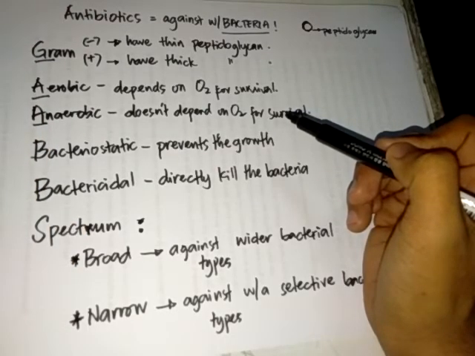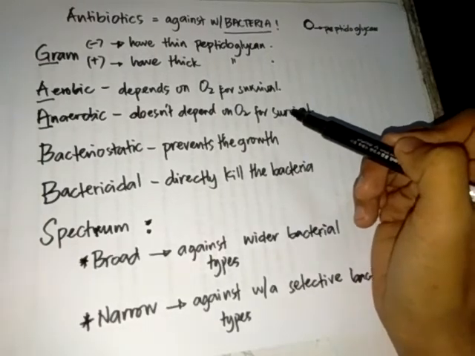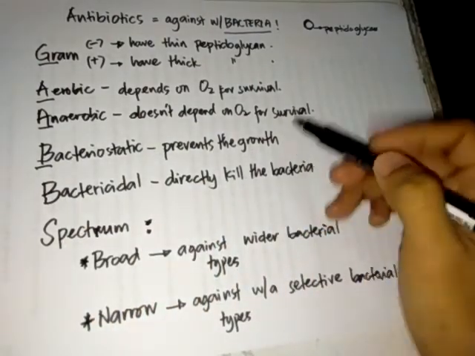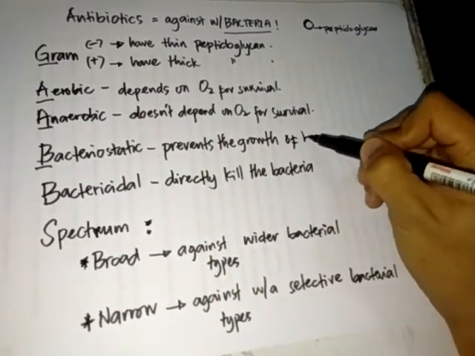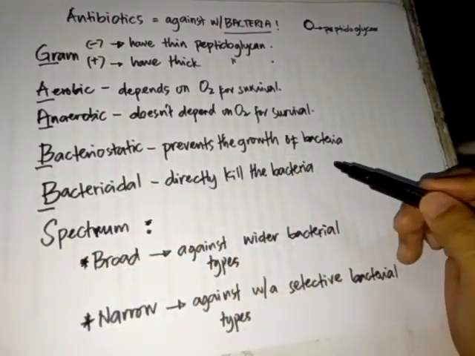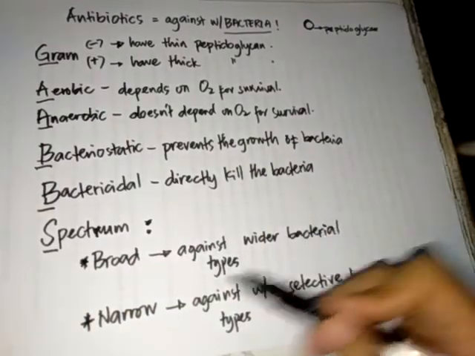There are also antibiotics that are effective for those type of bacteria, mga anaerobic, and there are also antibiotics that are effective to the aerobic type of bacteria. That is why I also emphasize this type of bacteria. Next is your bacteriostatic, that prevents the growth of bacteria, while the bactericidal, they directly kill the bacteria. The spectrum actually can be broad or narrow.